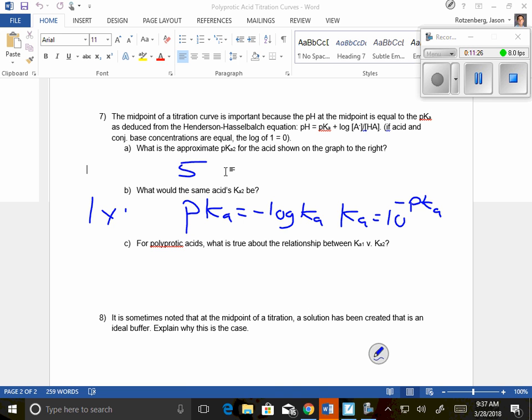So 1 times 10 to the negative 5th would be our Ka value. Using the half equivalency point, you can look at the graph and then determine what is the pKa. It's the same as the pH. That's due to pH equals pKa, Henderson-Hasselbalch equation. Then we can solve for the Ka.